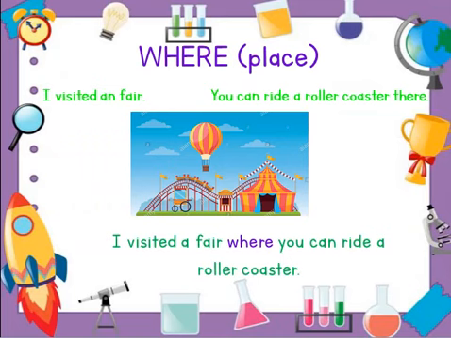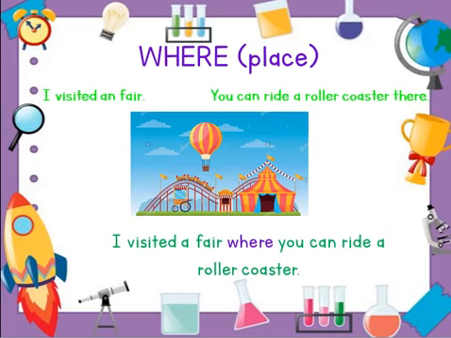Very good. Now, let's go with the last relative pronoun for today, and it is where. Remember, where refers to place. So we have, I visited a fair. You can ride a roller coaster there.